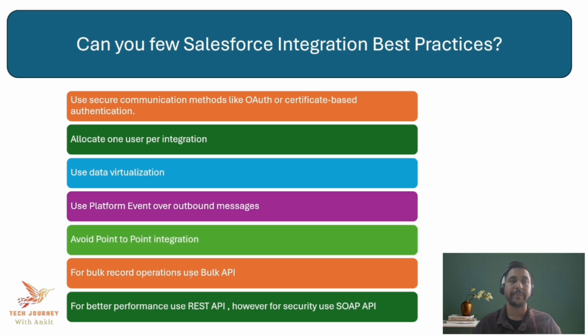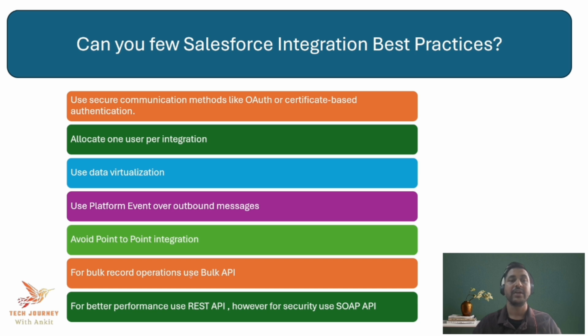But first and foremost, make sure that you are having secure communication. Basically, here you are integrating two different systems, so make sure that you are taking care of both authentication as well as authorization. Next is the recommendation from Salesforce that for every integration you should use one user per integration.